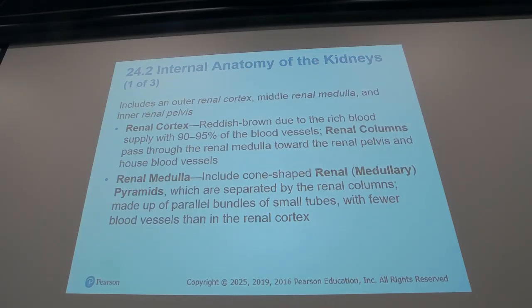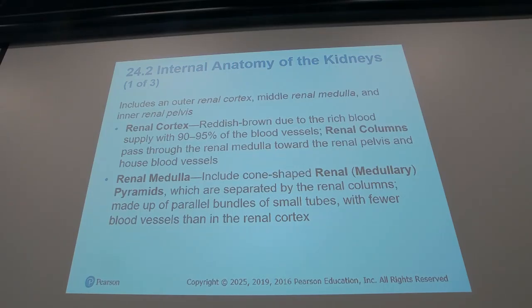And now, the renal cortex surrounds the renal medulla, which is the deepest part of the kidneys. And then in between, the columns of the renal medulla, which extend from the cortex into the hilum, we have the renal pyramids.